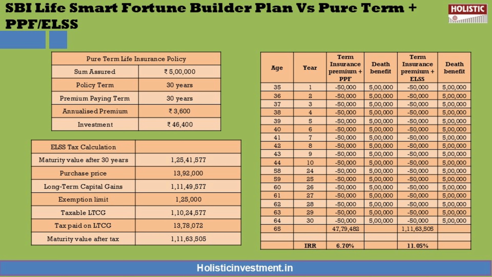In the ELSS investment, you can see the estimated pre-tax maturity value is 1.25 crores, but after capital gains tax, the net maturity value is approximately 1.11 crores with a post-tax IRR of 11.05%. So this approach clearly shows us that separating insurance from investment can significantly yield better returns, even inflation beating returns, which enhances wealth accumulation and supports faster financial growth compared to the SBI Life Smart Fortune Builder plan.